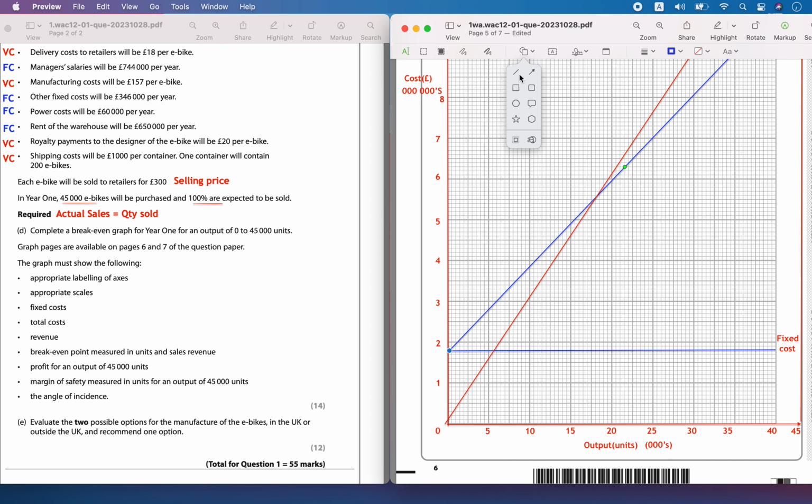So let's mark this here at the break even point. Break even will be around 18,000, it has to come approximately. So this is the point, that is the break even quantity achieved, 18,000 units.